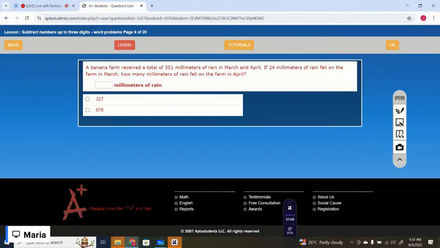A banana farm received a total of 351 millimeters of rain in March and April. If 24 millimeters of rain fell on the farm in March, how many millimeters of rain fell on the farm in April?